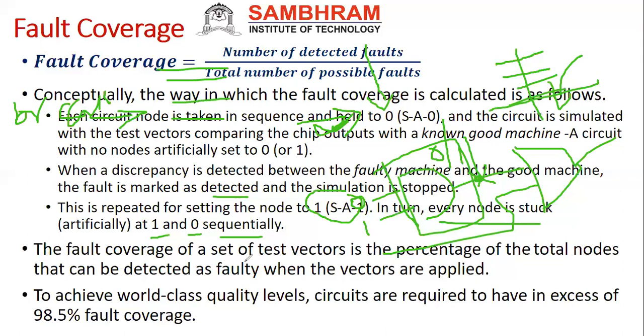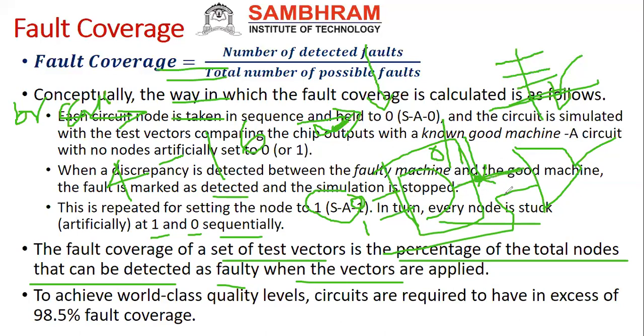Now the fault coverage of the set of test vectors is the percentage of total nodes that can be detected as faulty when the vectors are applied. The fault coverage of the test vectors, in the sense of applying the input pattern. For example, if there are 4 inputs, the total number of test vectors is 16 actually. Out of the 16, we look at the percentage of total nodes that can be detected as faulty. So how many possible faults are there? For example, you have to count the number of possible faults.